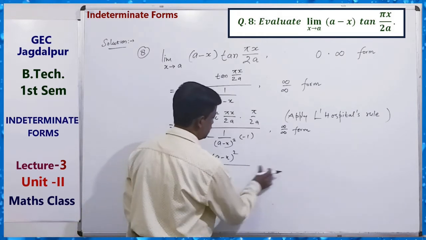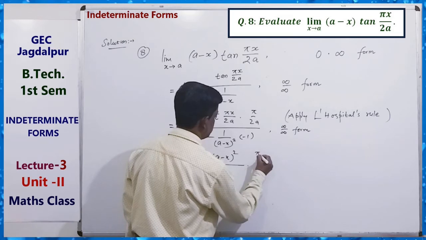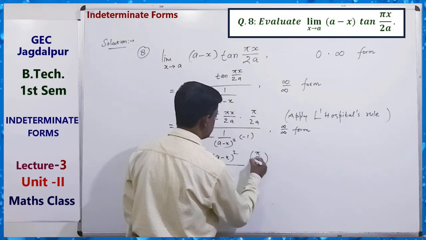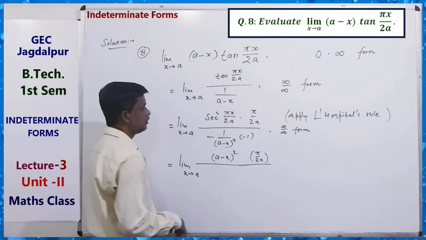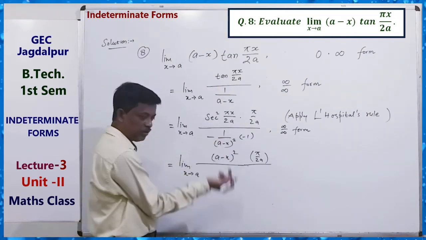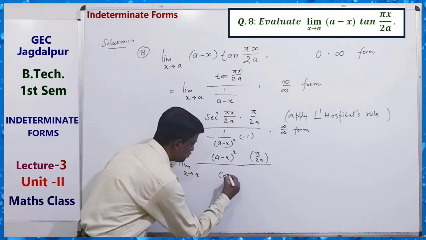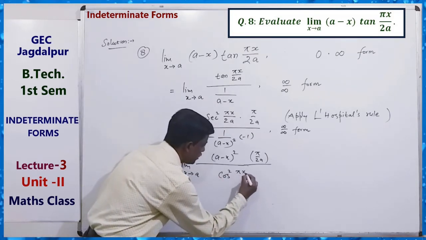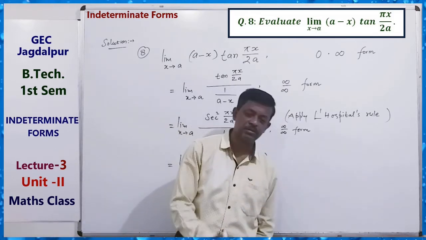Just we see that pi by 2a is a constant value, okay, upon 1 by sec square, that is cos square pi x by 2a.